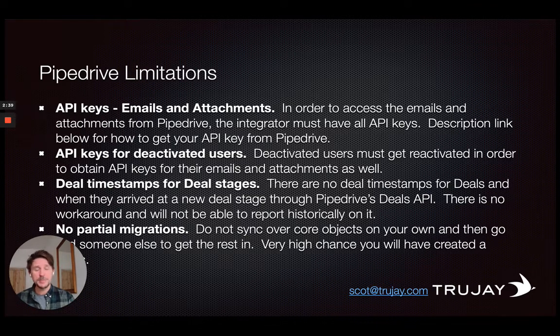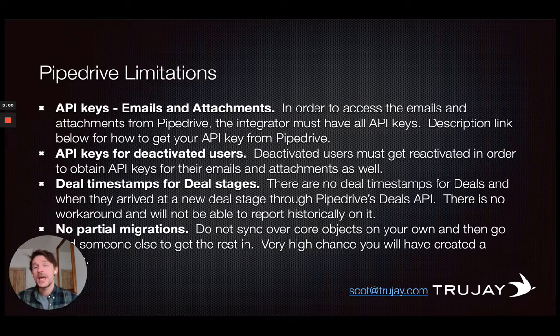You can do it in 2 steps, but you have to send the link around the office and say, hey everybody, I need your API keys because we're migrating your historical email correspondence and your attachments and files over as well. How that gets a little bit quirky is you most likely have deactivated users.